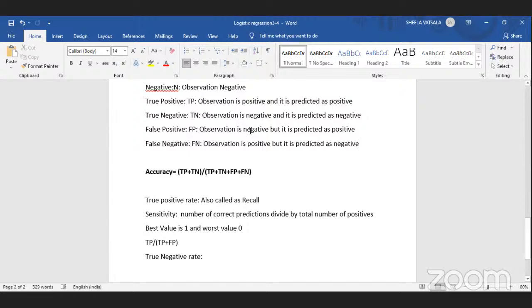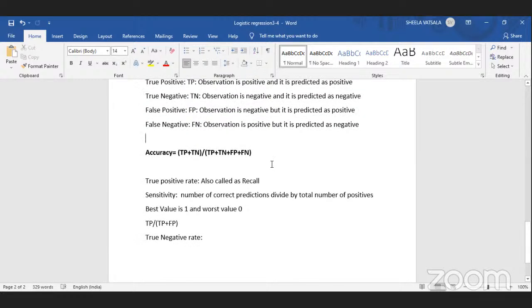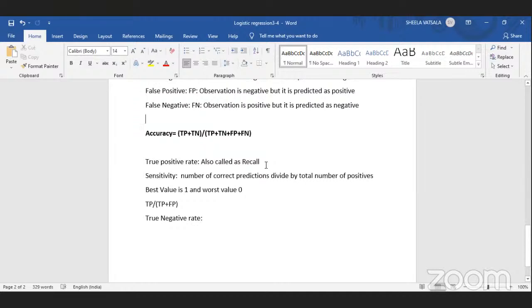If our observation is 0 and our model has predicted it as 1, that's an error. Similarly, if our observation is positive, but the model has predicted it as negative, it was 1 but the model has turned it into 0, which is another matter of concern. So how do we calculate the accuracy in this case?